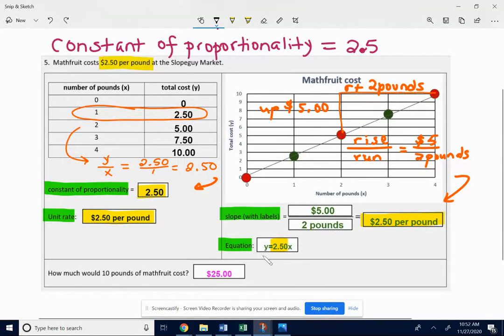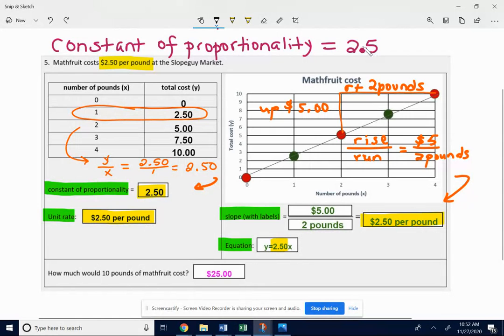I just wanted you to start getting used to, and you probably have figured this out with the other problems you've done, that you keep popping up with the same answers throughout the whole problem.